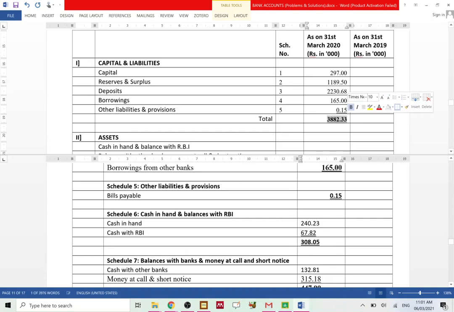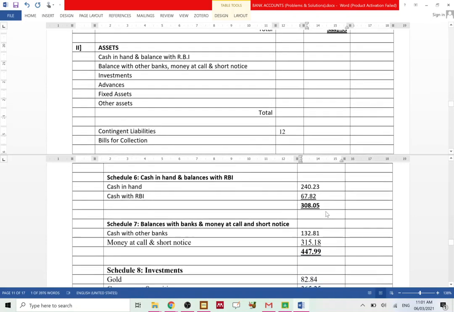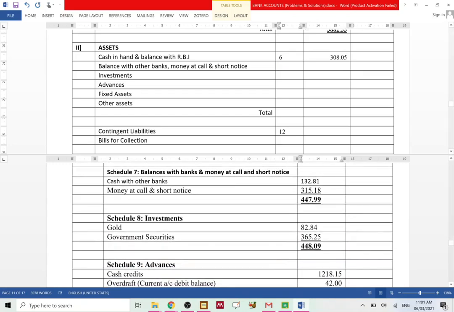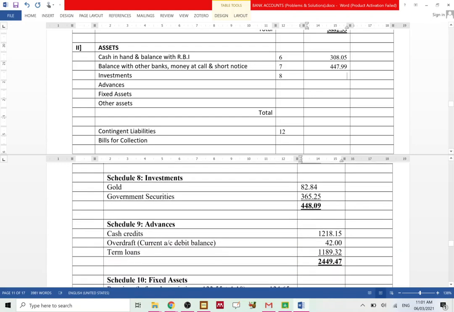Done. Let's see if we manage to get the same total on the asset side as well. Assets start with schedule 6. You have 308.05 total. Okay, schedule 6. Schedule 7 total is 447.99. Schedule 8, which is investments, is 448.09.